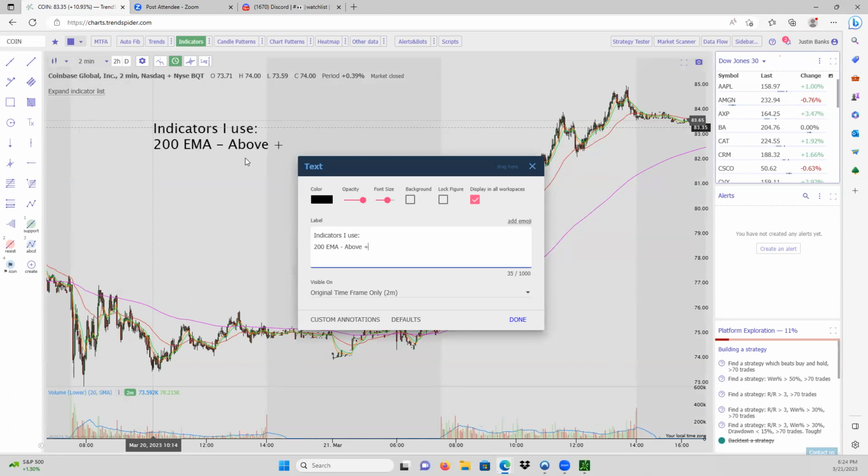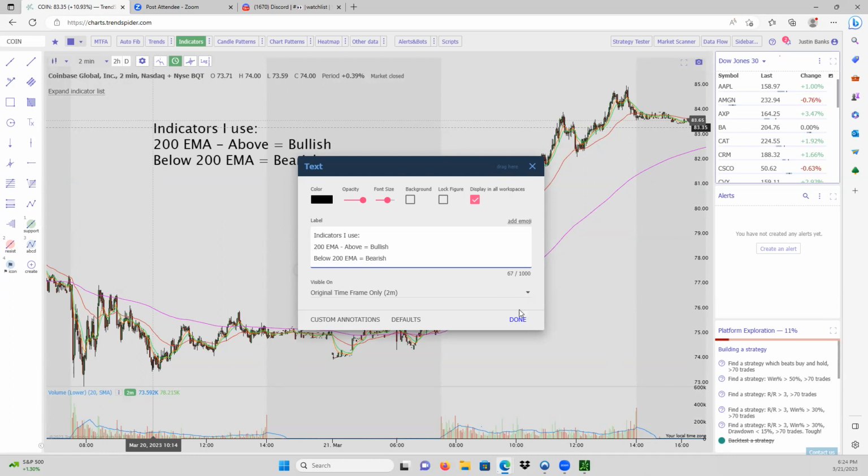If we're above it, that's going to equal bullish. If we're below the 200 EMA, that's going to equal bearish, right?